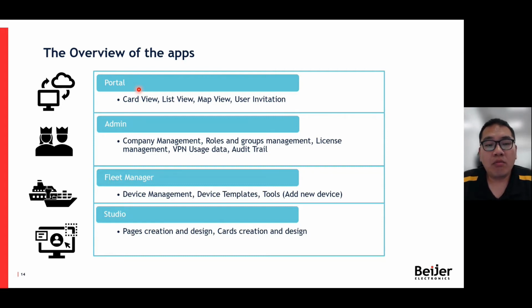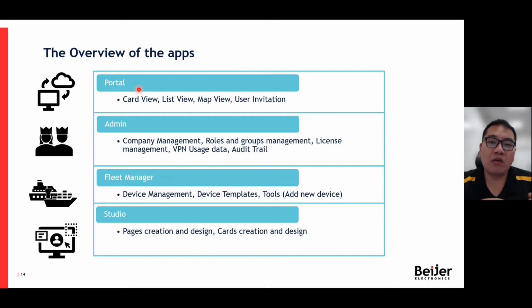The next one we have is the fleet manager. Under the fleet manager, you get device management, where you set and configure the devices once they're online. It's also where you set the device templates and also tools. Tools is probably the very first sub app that you need to use when you start off with the Cloud VPN.